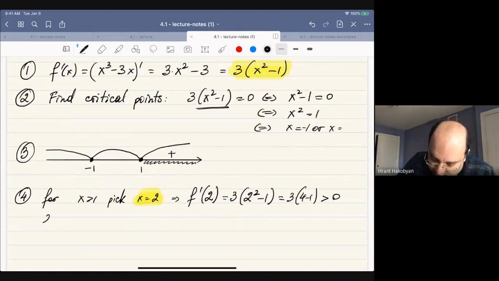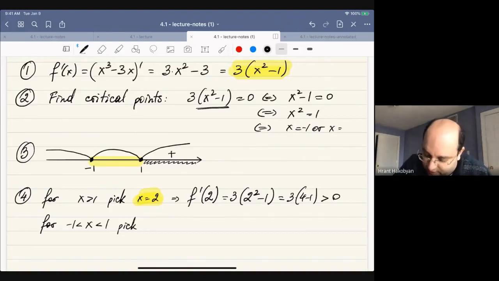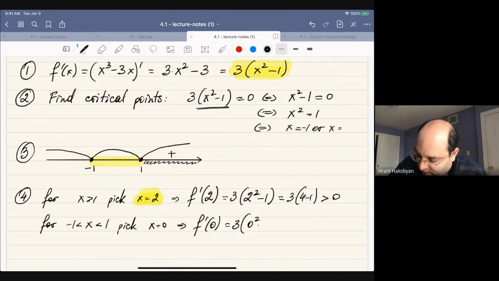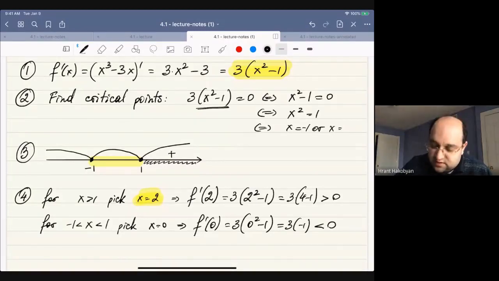Then similarly, now I'm going to choose the second interval, this one here. For x greater than negative 1 but smaller than 1, I can just pick 0, right? So x equals 0. Then f prime at 0 is equal to 3 times 0 squared minus 1, which is 3 times negative 1, which is negative 3.